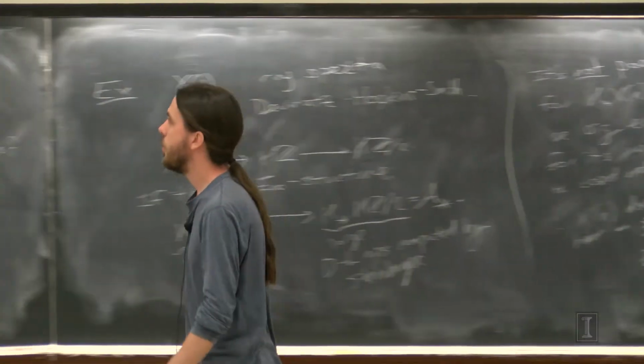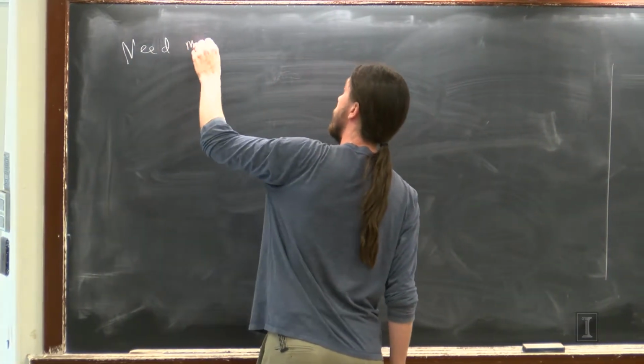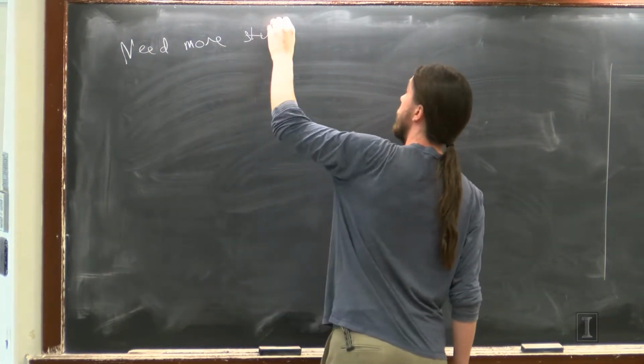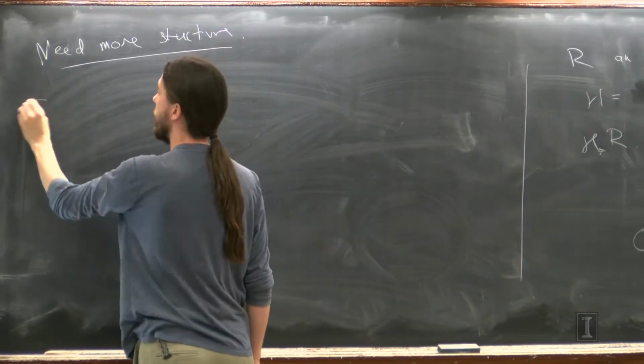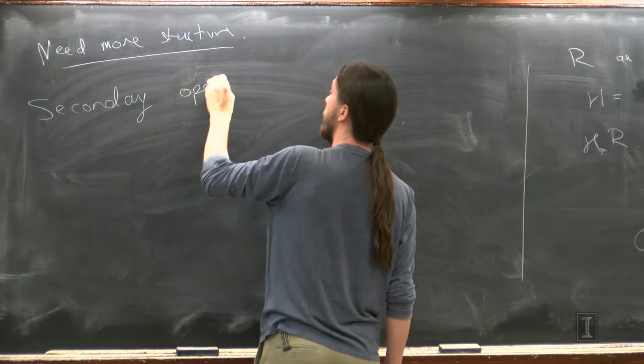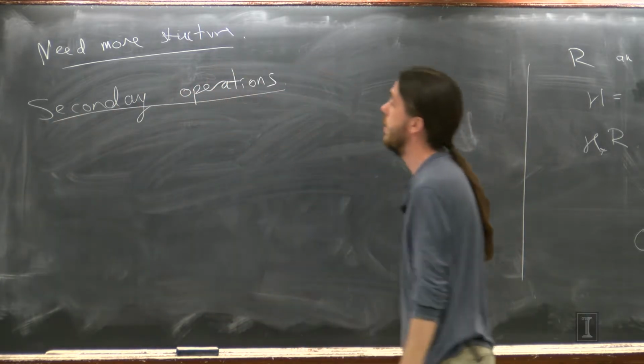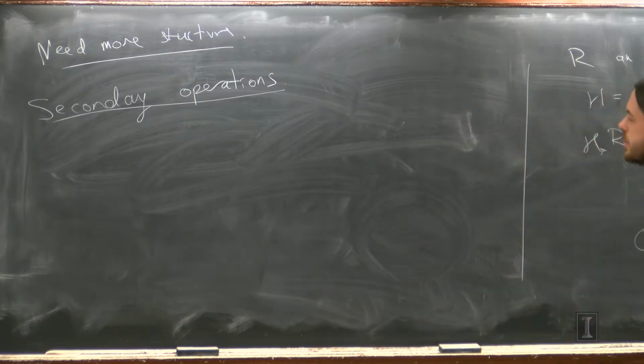OK, so we need more structure. And so the structure I want to talk about is secondary operations, which are a classical topic going back at least to Adams. And I want to discuss it in a very general framework.